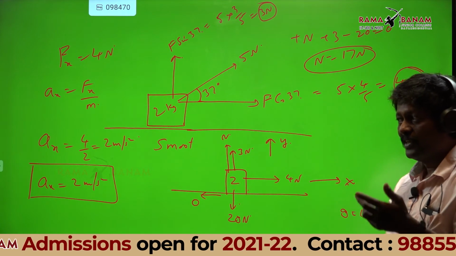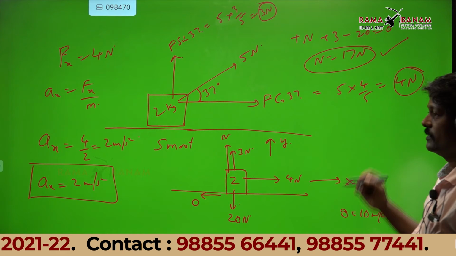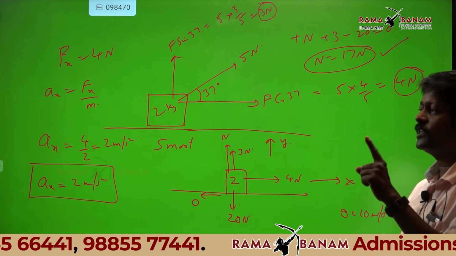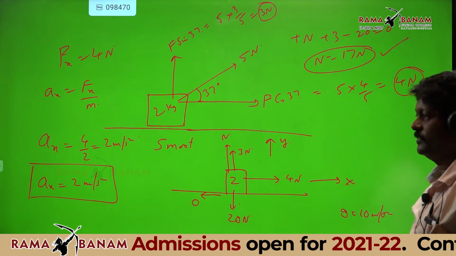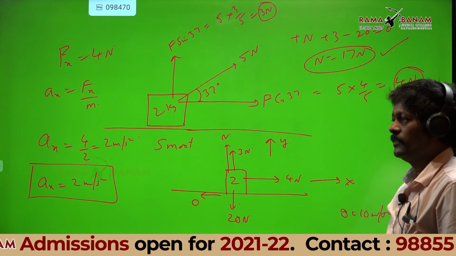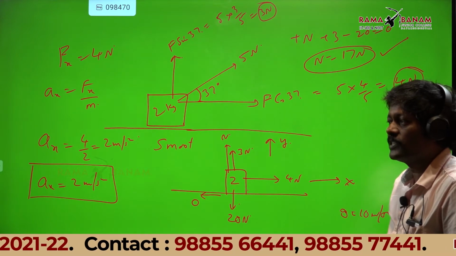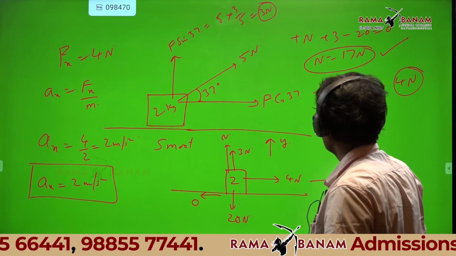But it appears as if it is 17 Newtons. So, weighing machines record normal reaction only. Again I am repeating, weighing machines record normal reaction only.